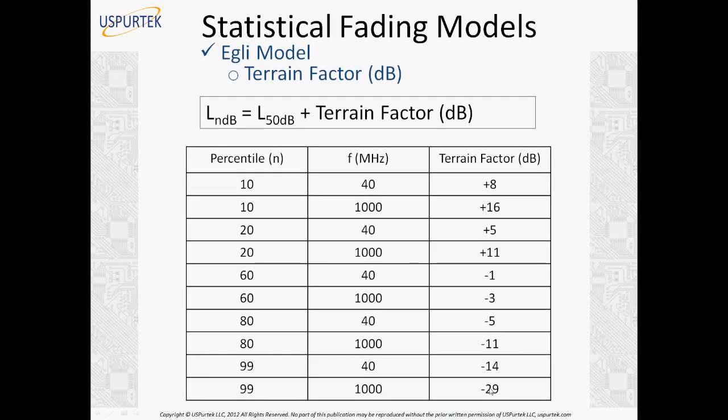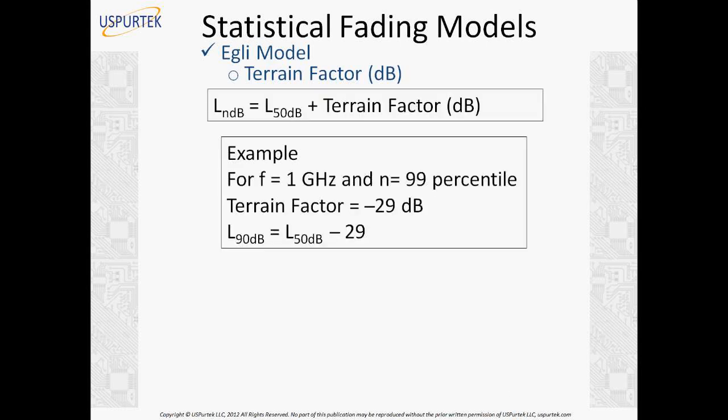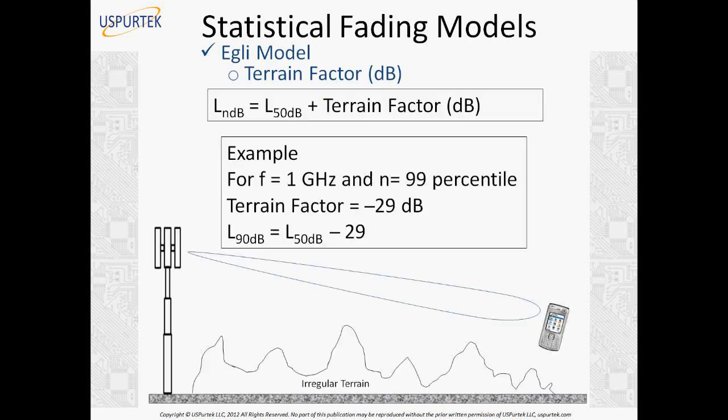Yeah, so here in this table you see for the 99th percentile for 1 gigahertz the terrain factor is minus 29 dB. So we make a correction. If we want to calculate our 99th percentile, we subtract 29 from the L50 dB. So it's also a very practical model, can be applied to many situations and has been applied in the past.